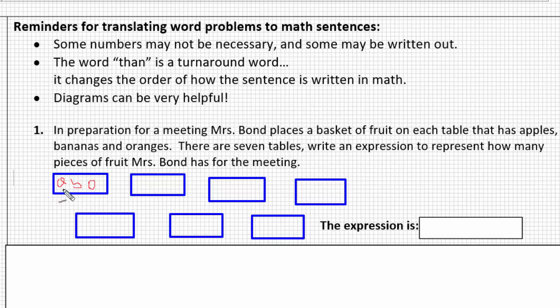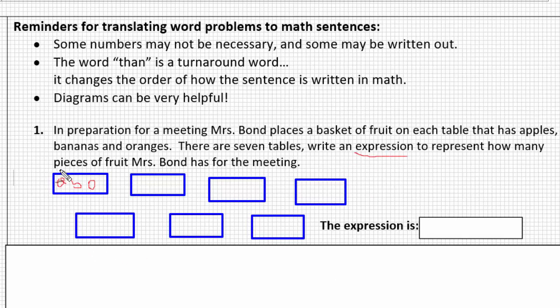Right? So A for apples, B for bananas, and O for oranges. We don't know anything else about them, how many we have or anything like that. So we just know that there's a basket on every table that has apples, bananas, and oranges, and that there are 7 tables. All we have to do is write an expression.